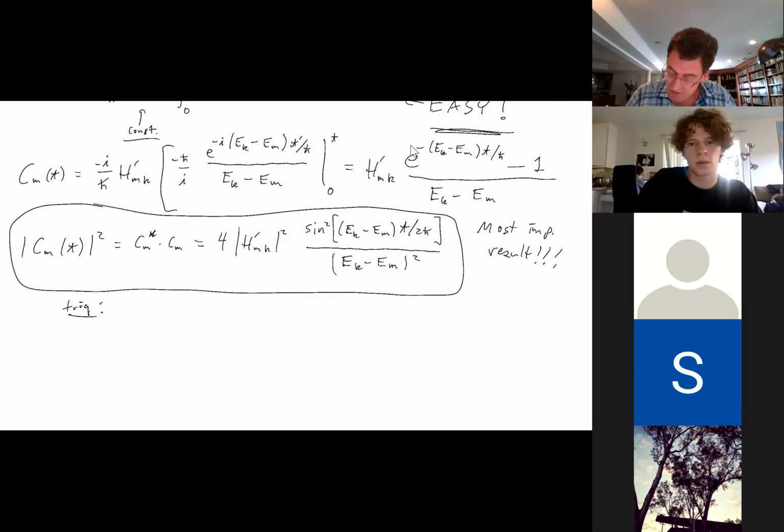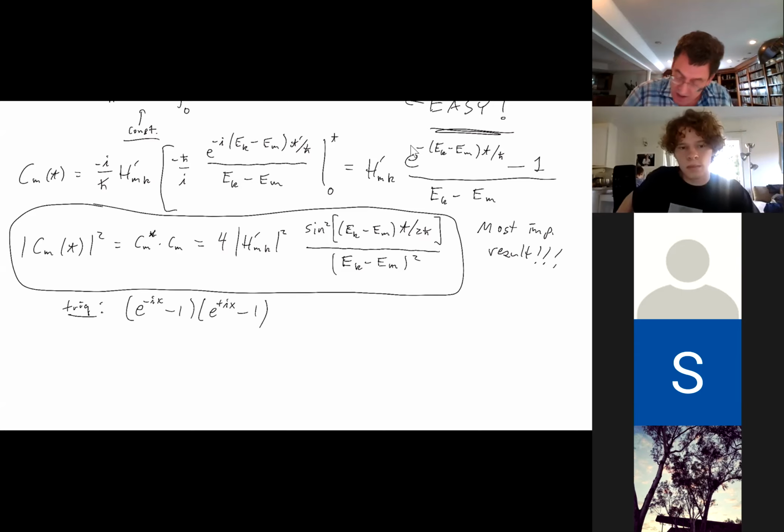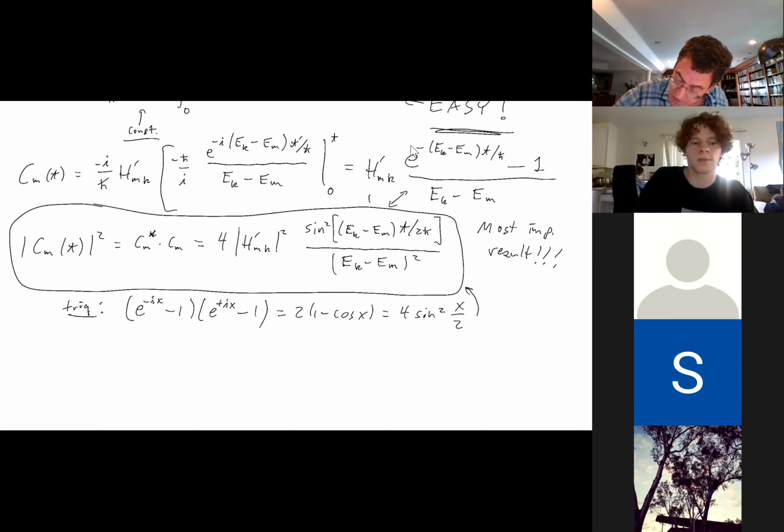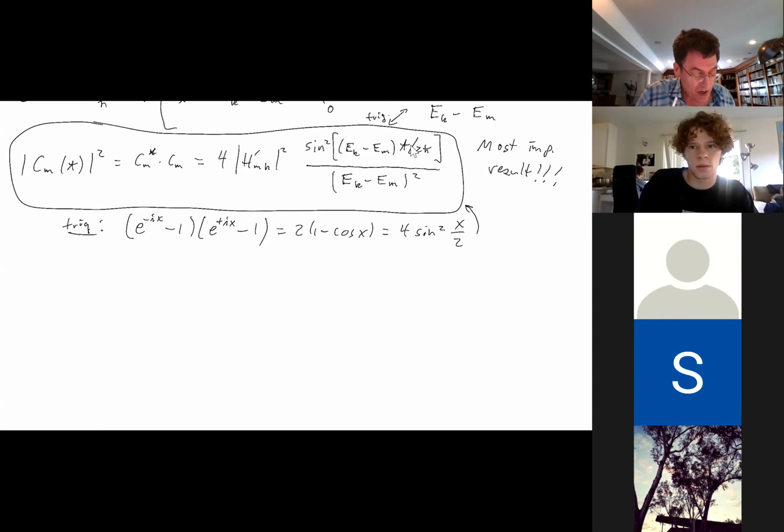So to get this equation, we use the trig identity: (e to the minus ix minus 1) times (e to the plus ix minus 1) equals 2 times (1 minus cosine x), which is equal to 4 times sine squared of x over 2. I use that trig identity to go between these two. Just giving you a little hint, so go home and figure that out.